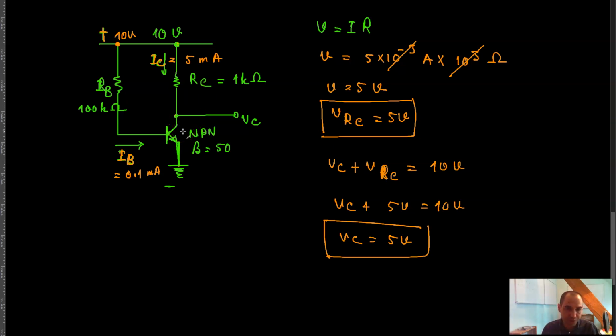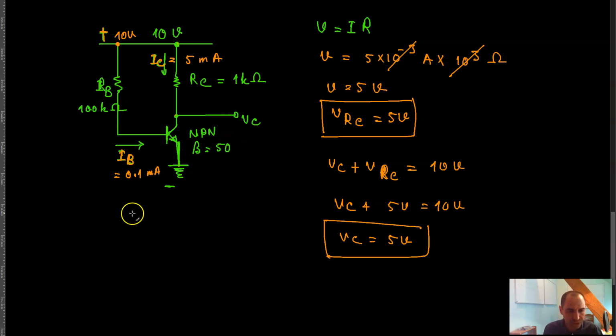Basically the purpose of all of this is that you have the possibility to get any sort of voltage that you want on V of C, meaning that when V of C is equal to 0, then we technically say that the transistor has reached some phase called saturation.